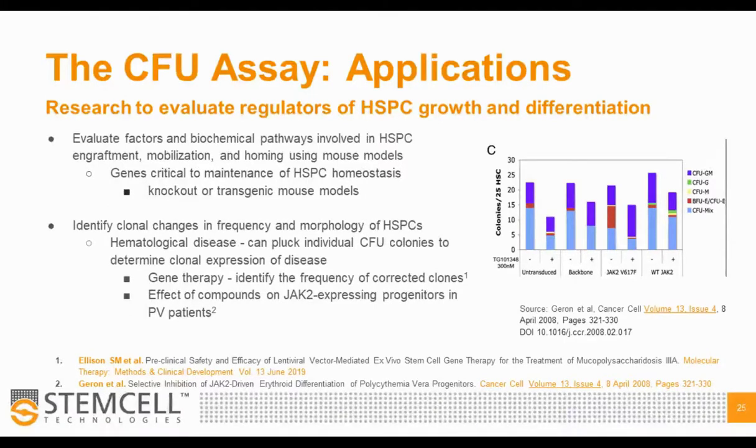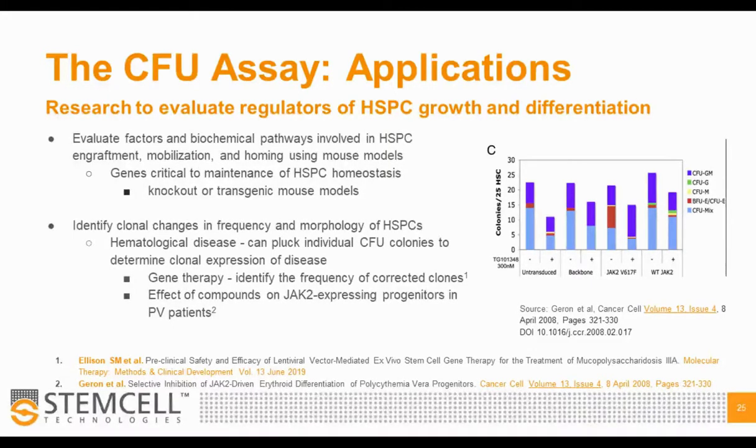Another use of the CFU assay, especially when you're looking at gene therapy approaches, is to identify the frequency of your particular manipulation, and whether that is high enough for those cells and for that disease to be corrected in general. So a lot of different aspects of the CFU assay can be used, and one of the ones also shown in the diagram here is the ability to evaluate the effects of toxic compounds.